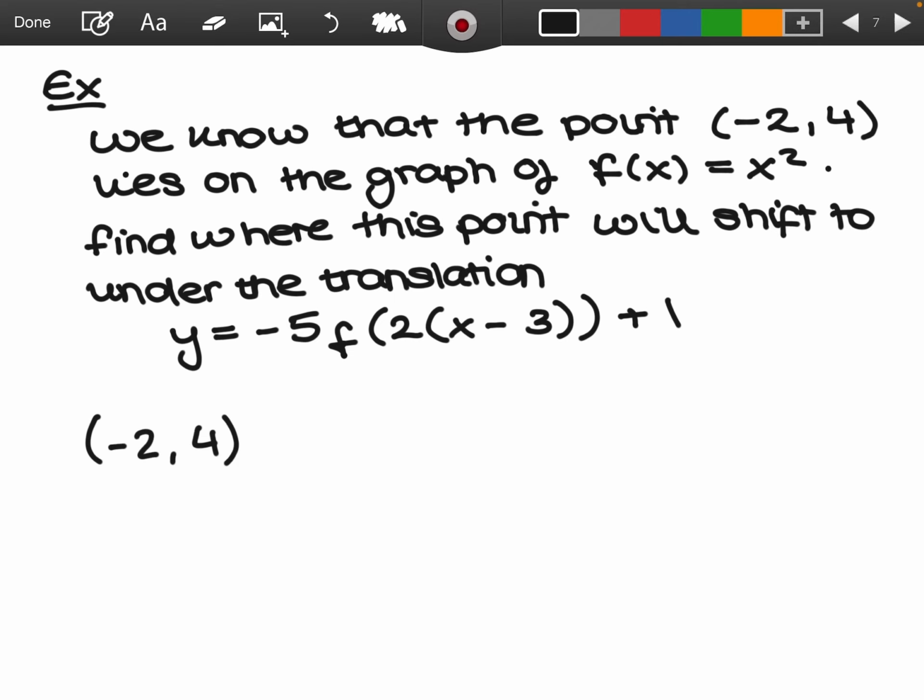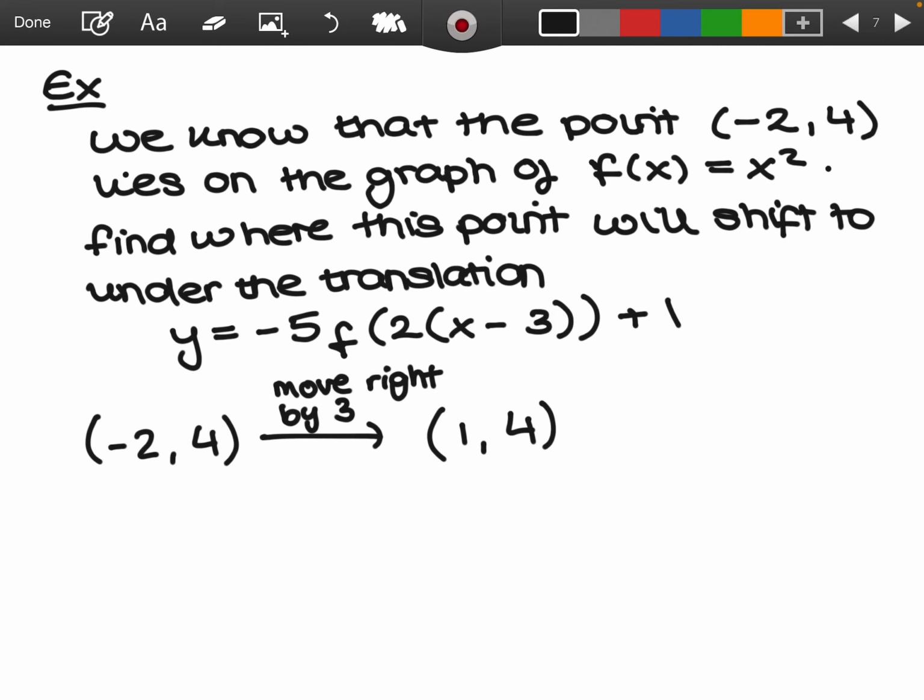So my point negative 2, 4, the first thing it's going to do is move to the right by 3 units, meaning that my x coordinate is going to change by adding 3 units onto it. So move right by 3. Okay, so that tells me that I then end up at 1, 4. So my x coordinate is going to change by 3 units. Nothing's happened to my y coordinate yet because I haven't dealt with anything vertically.